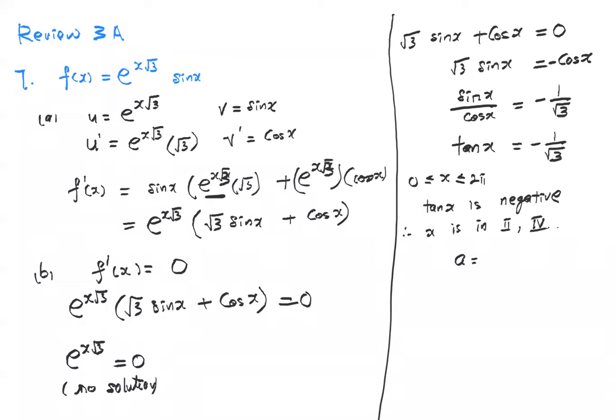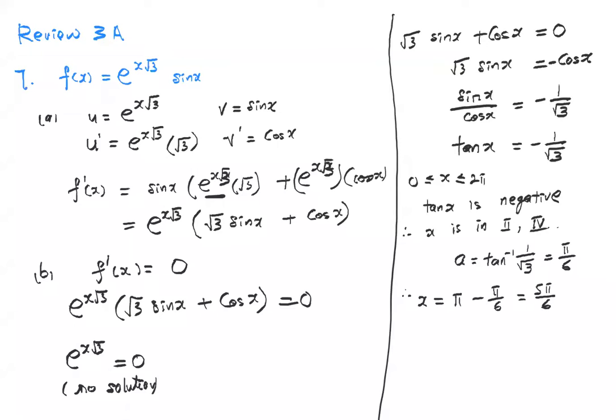That is tangent inverse 1 over root 3, that is pi by 6, if you go to your table. So therefore, your x, second quadrant, you take pi minus pi by 6. So you got 5 pi by 6, exact value.